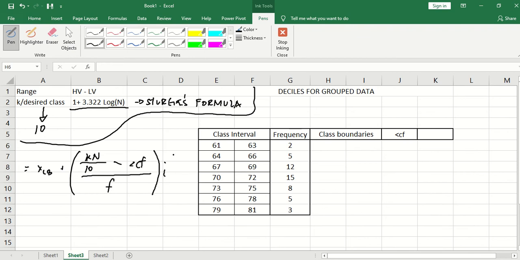So what is the interval here? You may get the interval by subtracting these two. 64 minus 61 is 3, so the interval is 3. Okay, so i is 3.